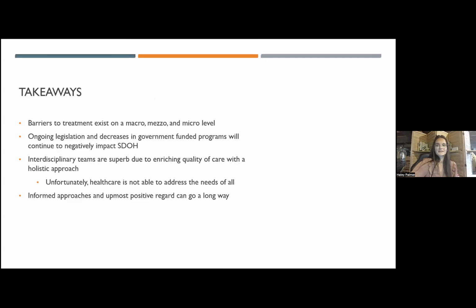Okay, so really just some major takeaways that I would like to emphasize one last time before we get to questions or any discussion. Barriers to treatment exist on levels that are entirely out of our patients' control. Of course, we've all met patients probably time and time again whose motivation is just low. I also would challenge that in thinking, why is their motivation low?